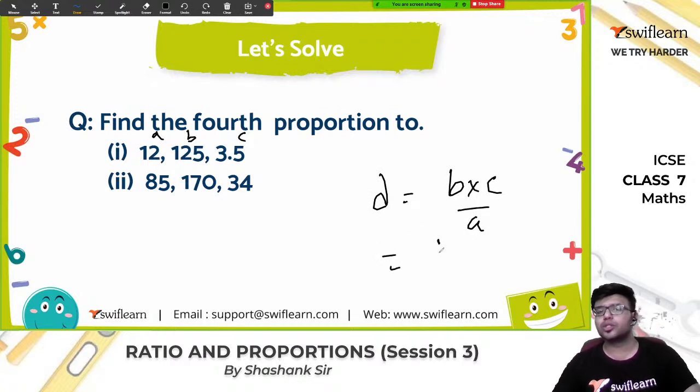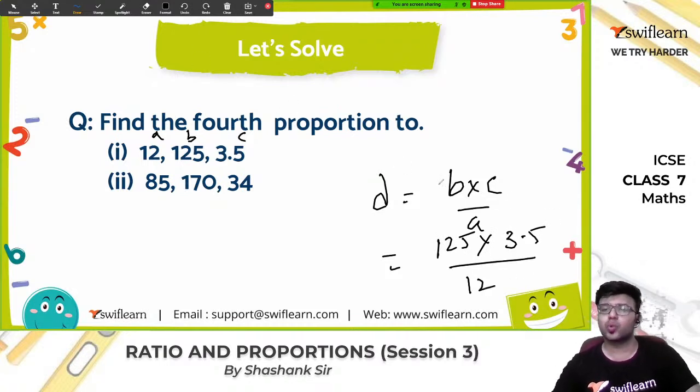So B is 125 times C is 3.5 divided by A is 12. Now can we divide this by any of the numbers? 5, 6, 7, 8, 9, 8. Okay. So we need to multiply this and solve it.